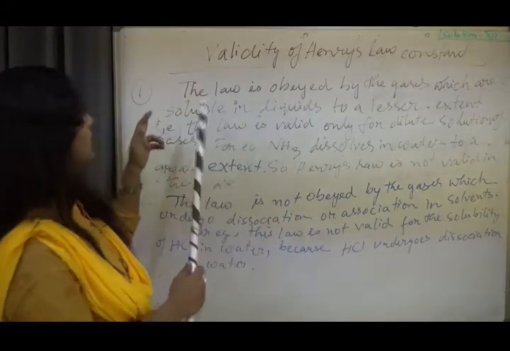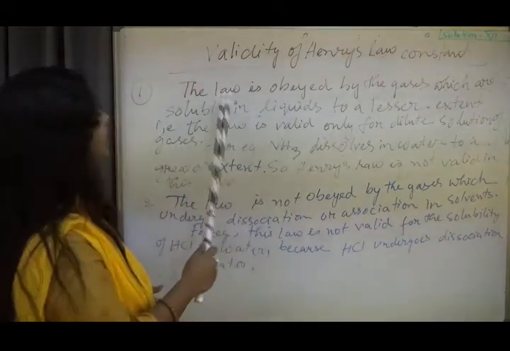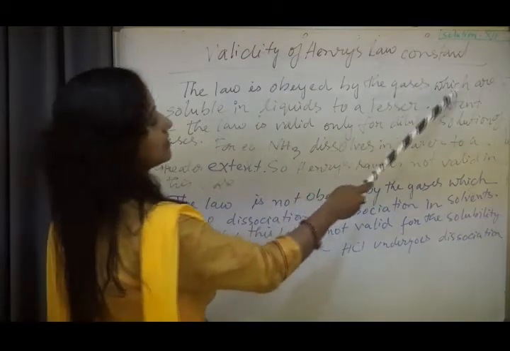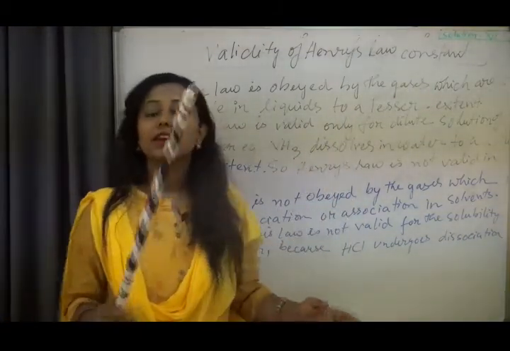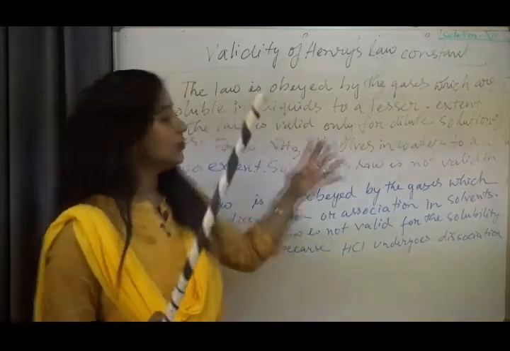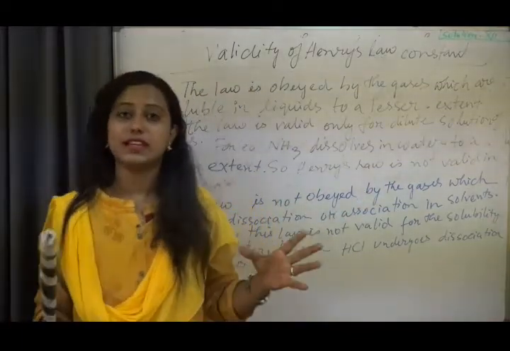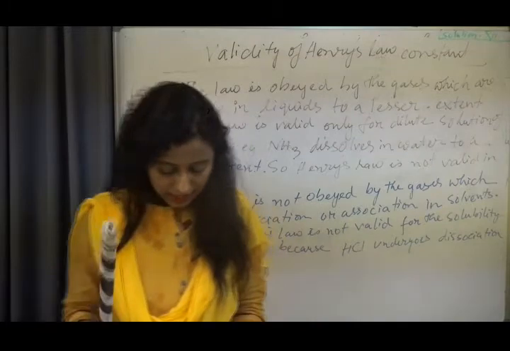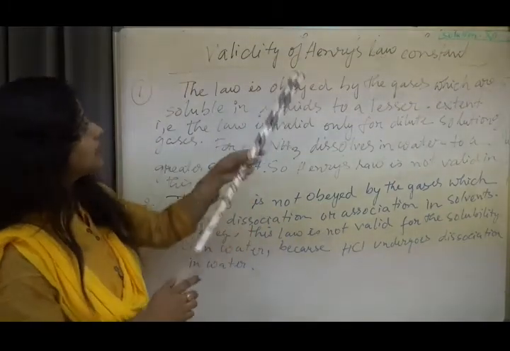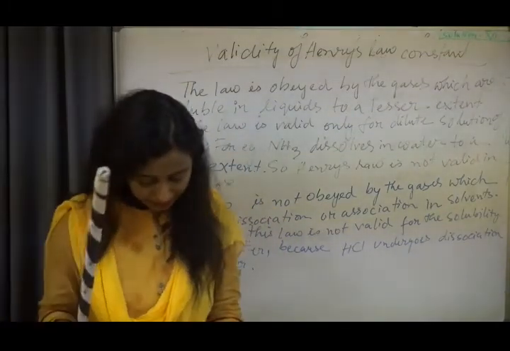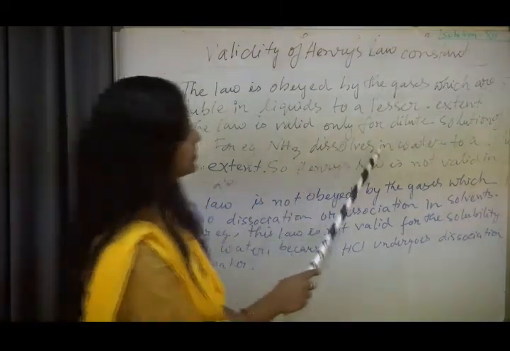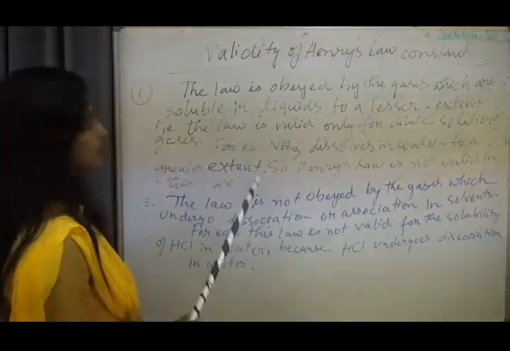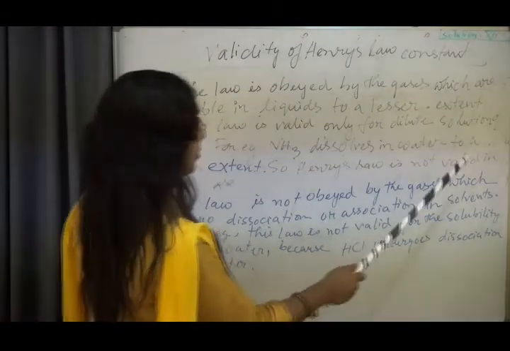So what are the conditions? First, the law is obeyed by gases which are soluble in liquids to a lesser extent. For those gases which are soluble in the liquid to a lesser extent, Henry's law is applicable. For example, NH3 dissolves in water to a greater extent, so Henry's law is not valid in this case.